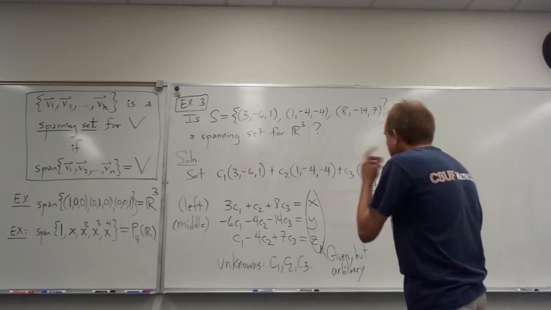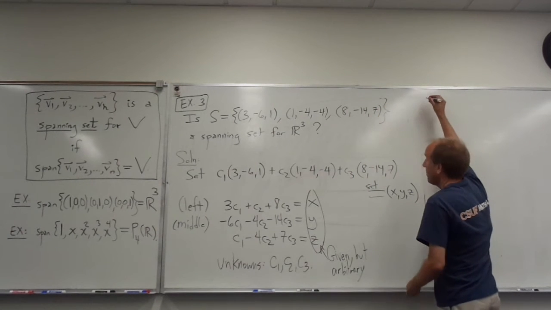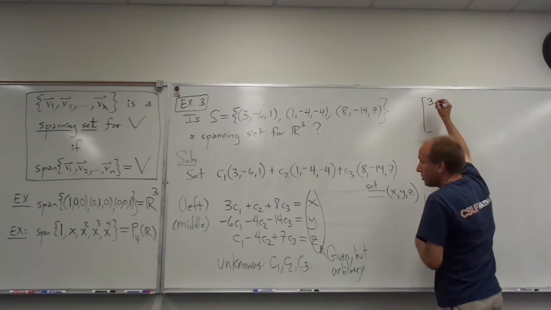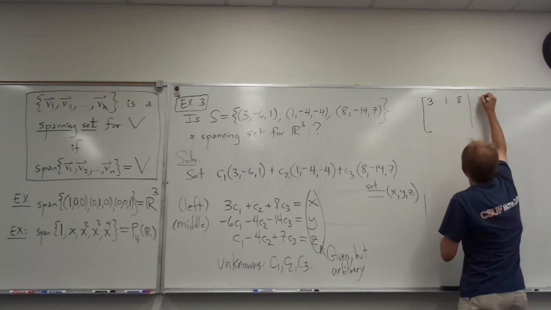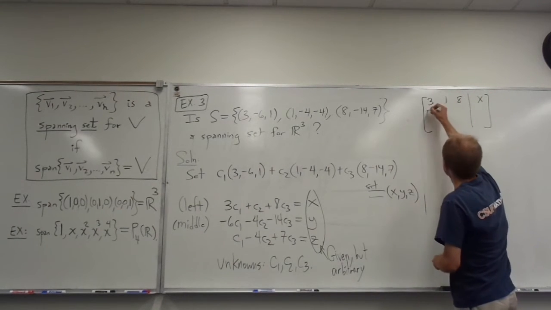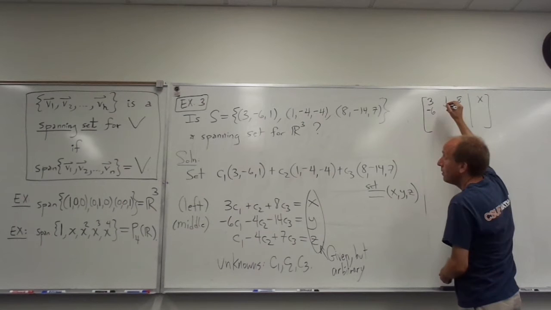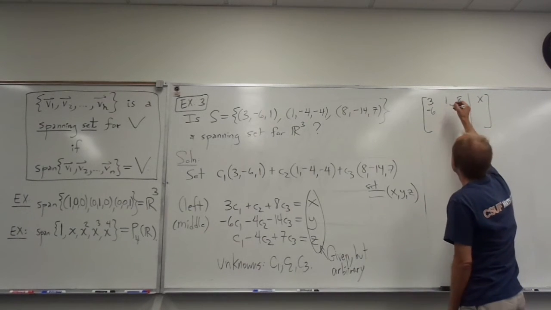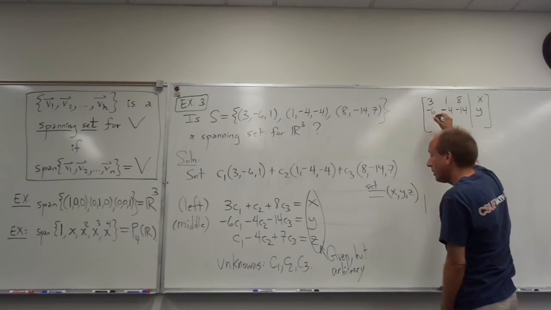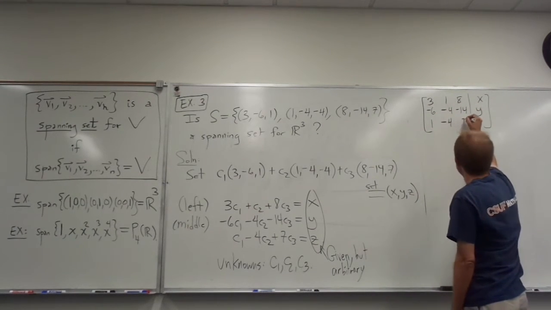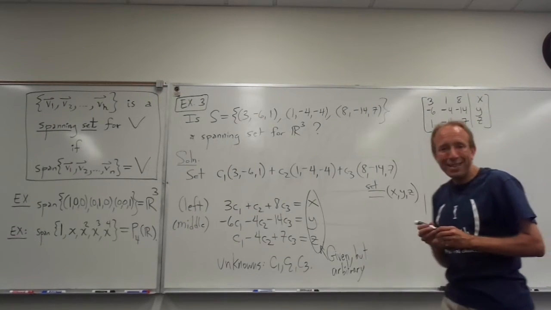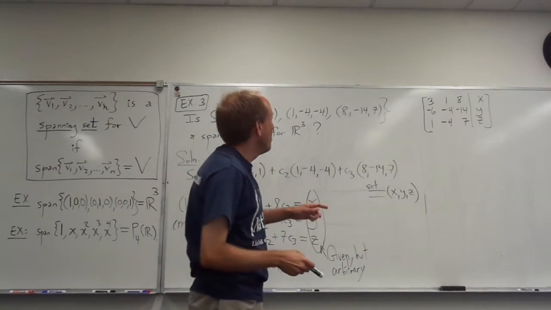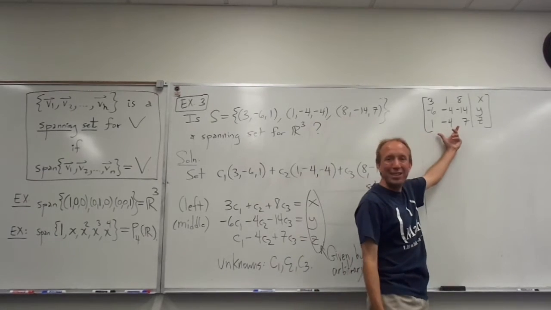Right? So what we have to do, of course, is solve the system. Let me just put it into an augmented matrix like we always do. Okay, so the augmented matrix is going to look just like this. -6, -4, -14, and y, and then 1, -4, 7, and z. One thing that's very interesting about this, notice the columns of this matrix here.